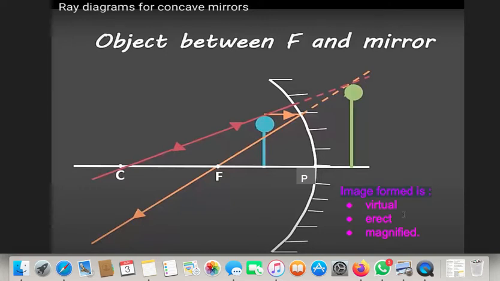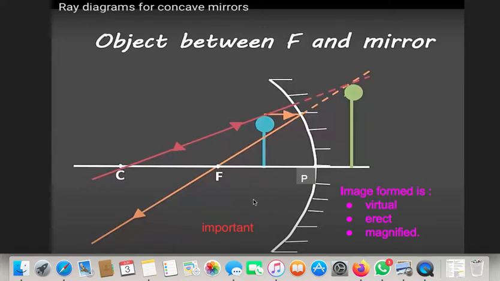Of course, all the ray diagrams have to be done, but this is again very, very important. Okay, this is an important ray diagram, so all of you must ensure that you do it very carefully.